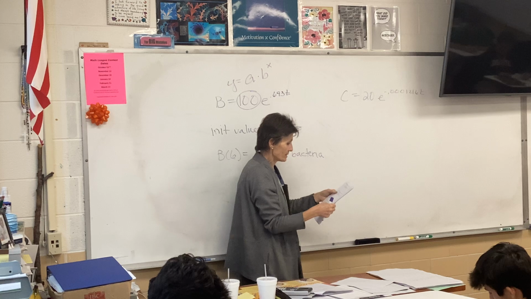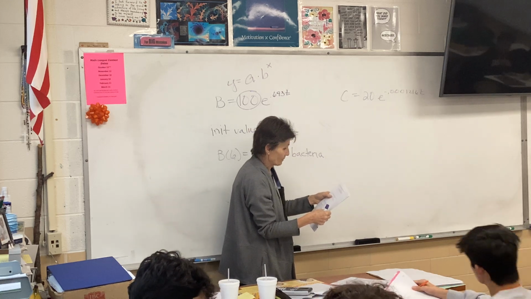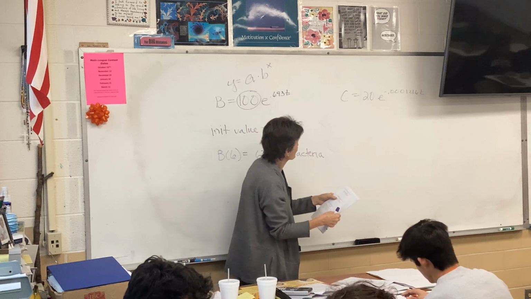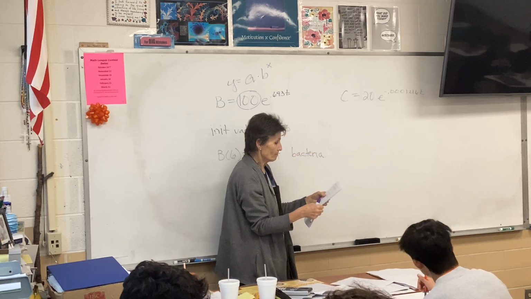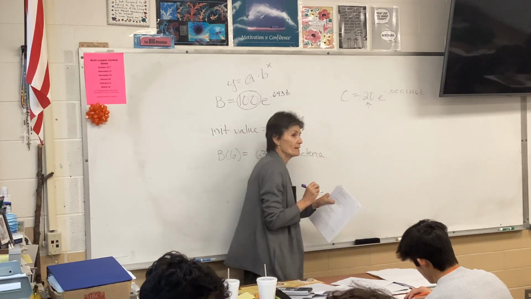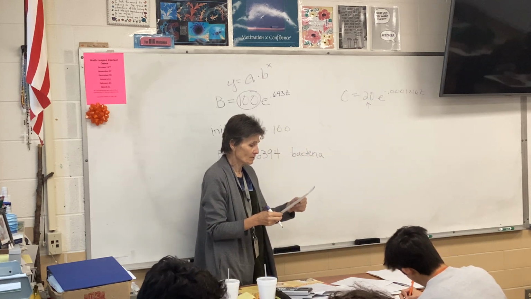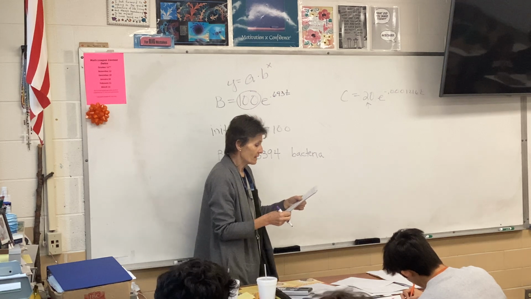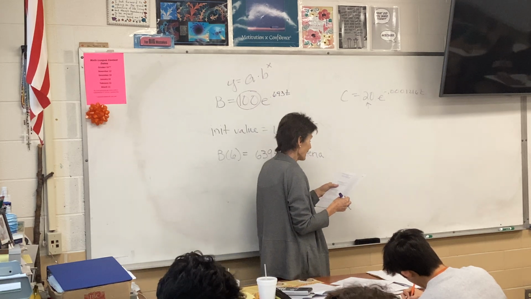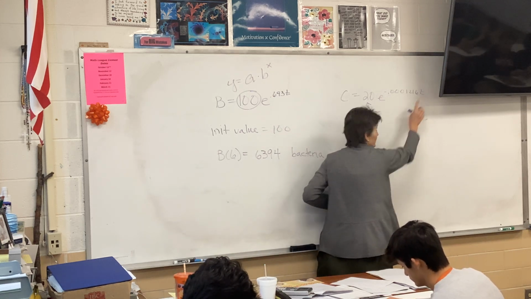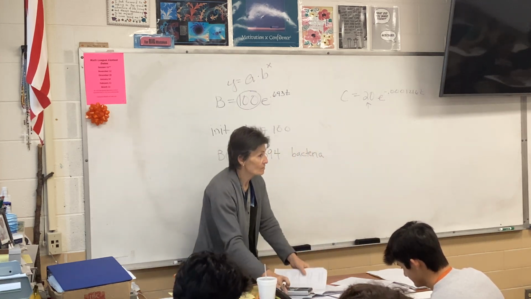Did I type that number in right? Negative 0.301216. That looks right. Okay. What was the initial amount of carbon 14 present? 20 grams. How much is left after 10,400 years? So we're just going to plug in 10,400.